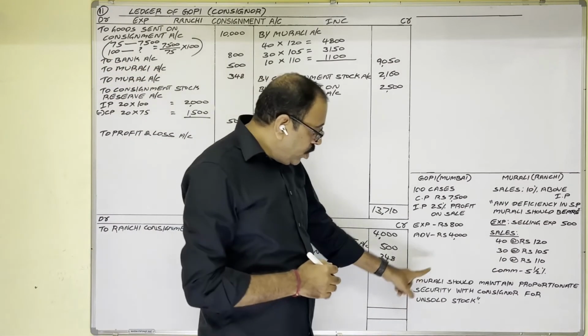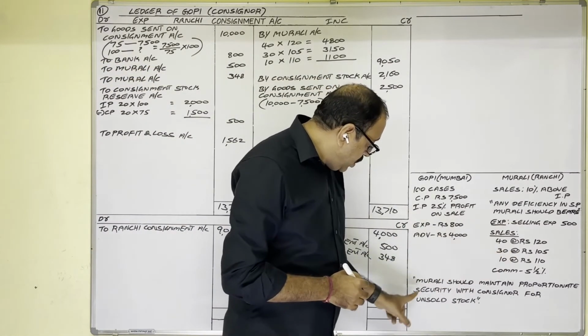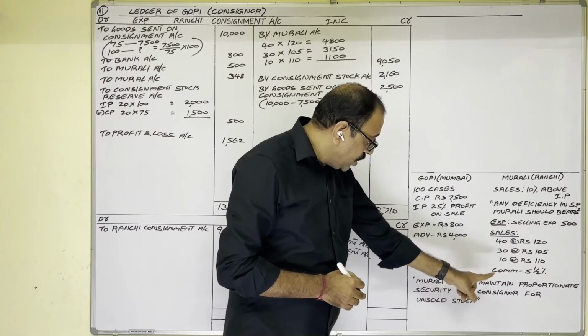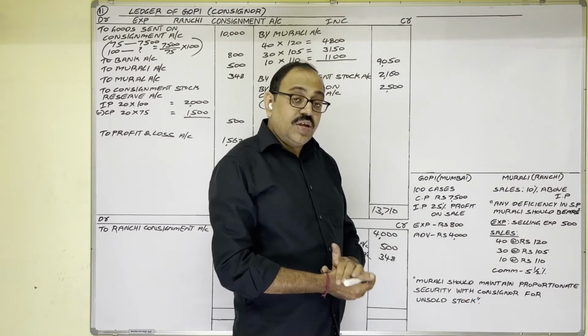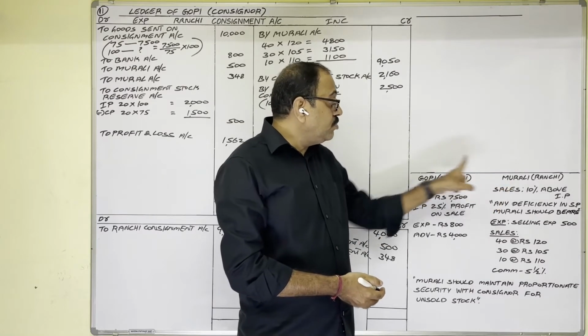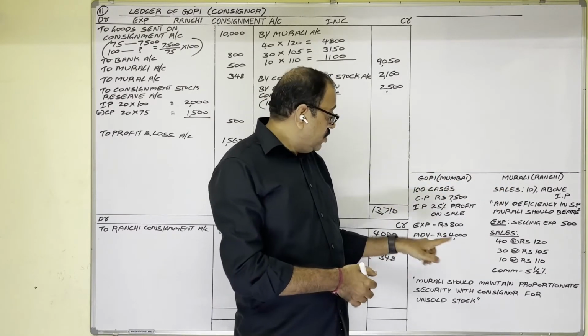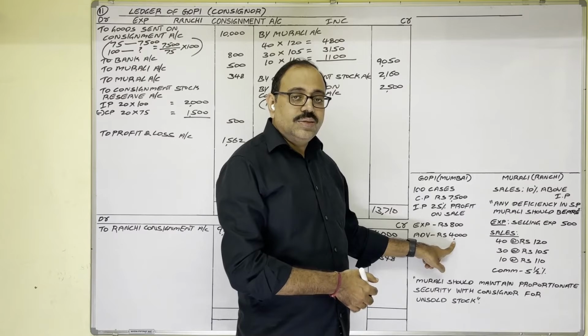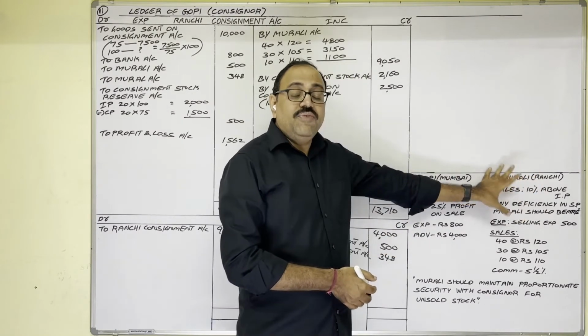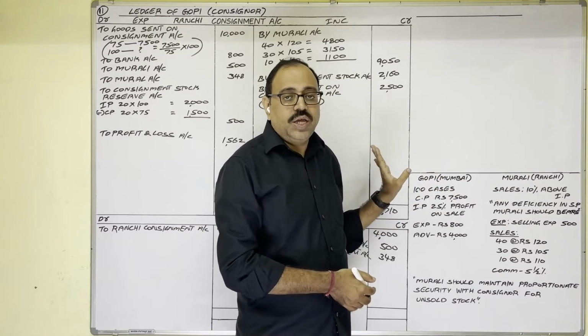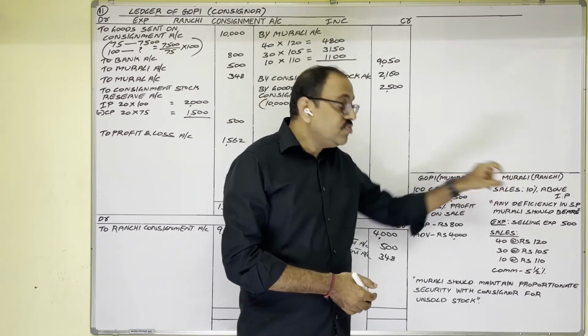See, Murali should maintain proportionate security with the consignor for unsold stock. What is the meaning of this? First time, Murali has given some security to us. 4,000 rupees. Advance means what? Consignor's goods are with the consignee. If consignor requires any security, then he may demand advance from Murali.